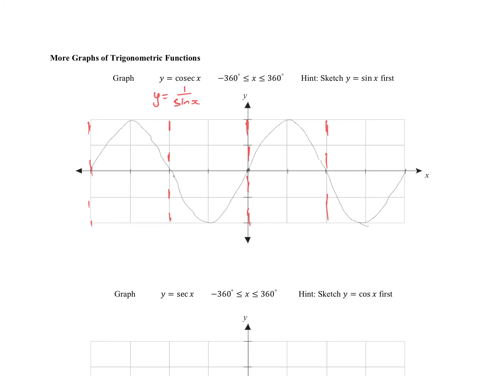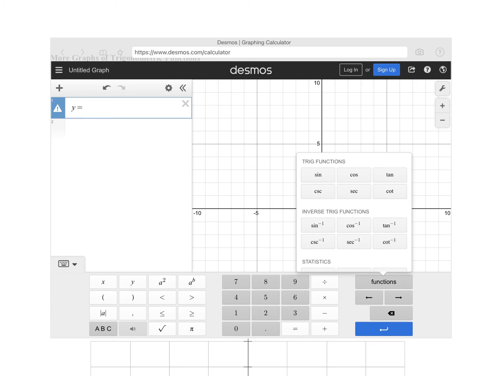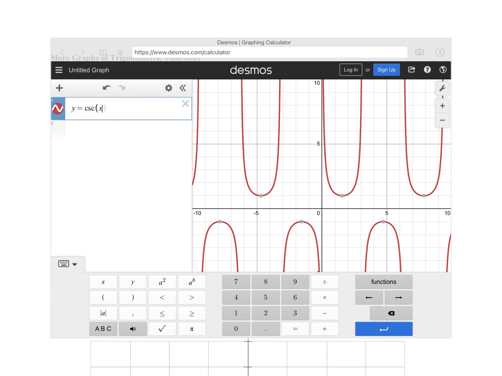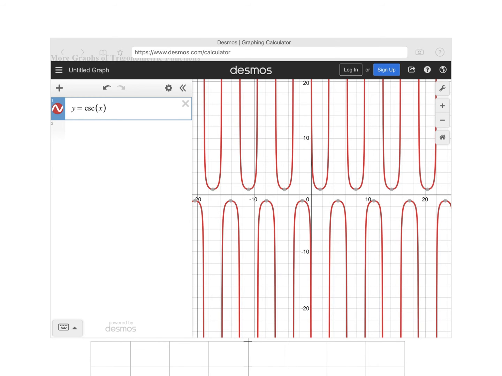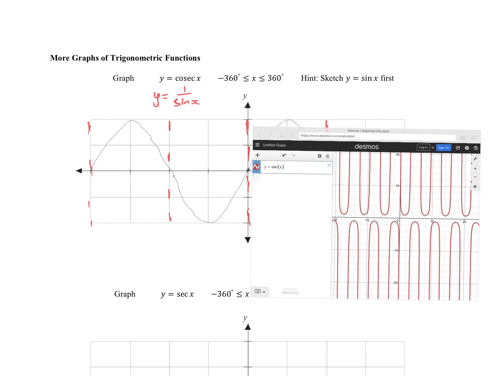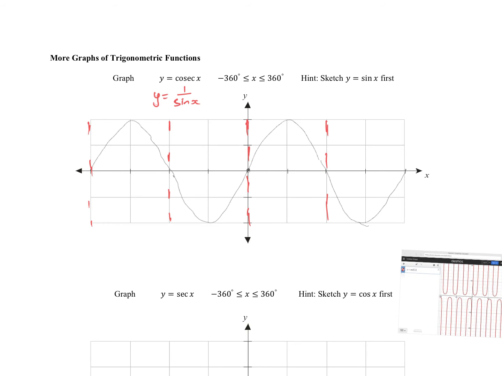Right, let's quickly see if I can open up Desmos. So this is Desmos. If we put y equals cosec x, this is what our graph looks like. What actually happens is it kind of gets inverted, and then at the bottom it just continues on.